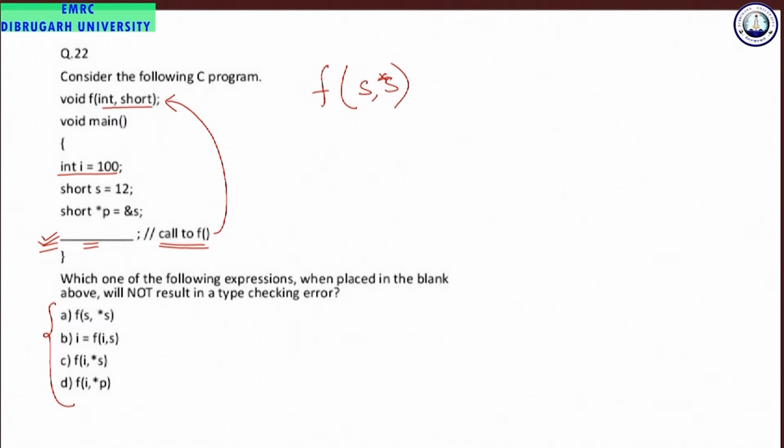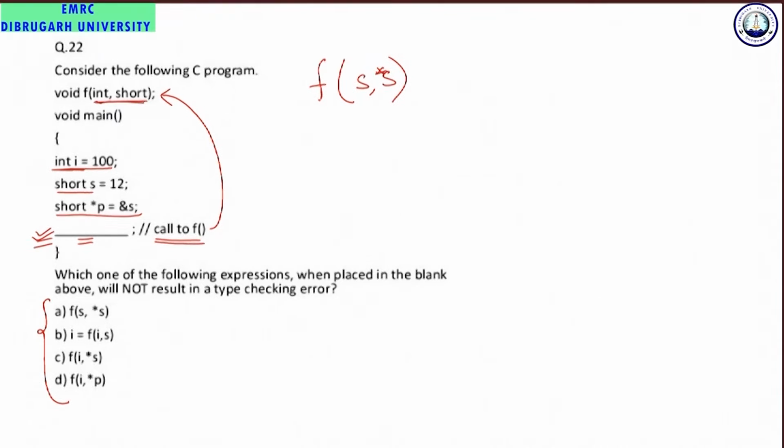Here this i is an integer being declared, then short s, and this is the actual declaration. Now at this function call it is int and short, right. So these two positions, we need to relate these two.